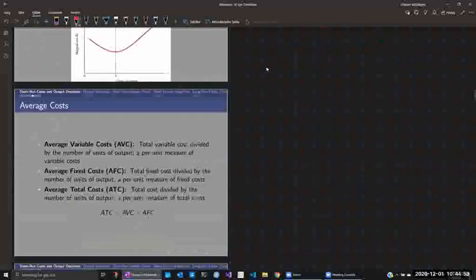Okay. So the marginal cost will tell us about the exact units of production that a firm would like to undertake for some given prices.